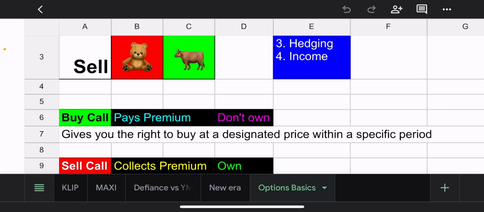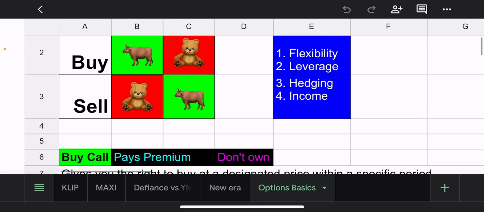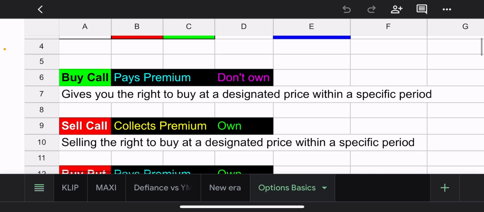You essentially are paying a premium in hopes that the stock or ETF that you bought the call for goes up. As mentioned above, buying a call is a bullish play. When you buy a call, it gives you the right to buy the stock or ETF or whatever it is at a designated price within a specific period.